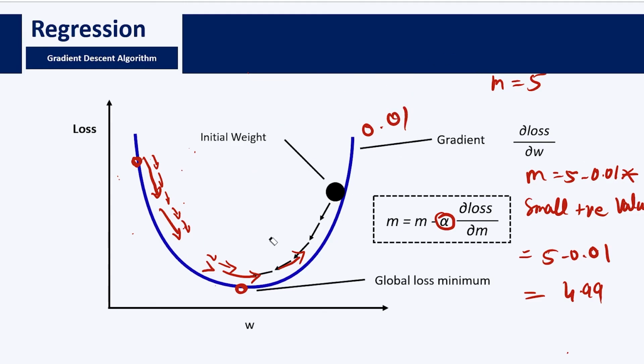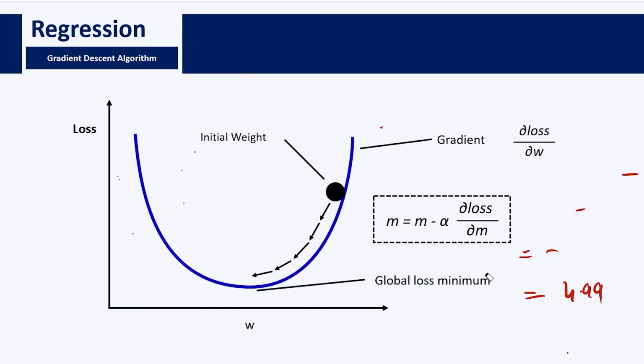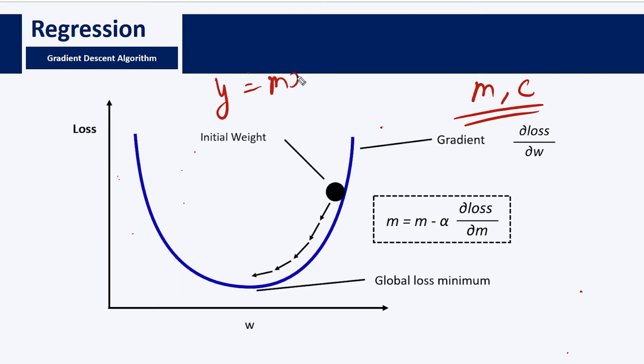So now let's suppose with the help of gradient descent, we have found the best value of m and c. So now if we put these values in this equation, mx plus c, x is your new data. The value of m we have found by using gradient descent, and c also.